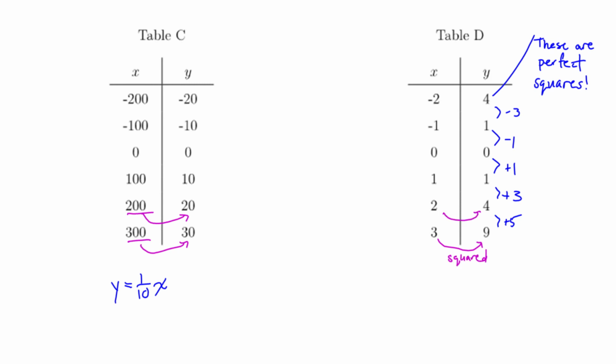And from 2 to 4, again, that's going to be squared. And this same pattern will continue. 1 squared will give me 1, 0 squared will give me 0. And then -1, if I square that, does indeed give me +1, so that pattern still fits. And then -2, if I square that, I'll get +4. So I can see then that my y value is that x value squared, and so I'd write that relationship as y equals x squared.